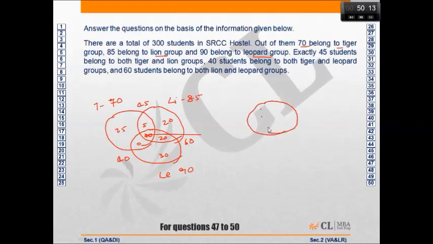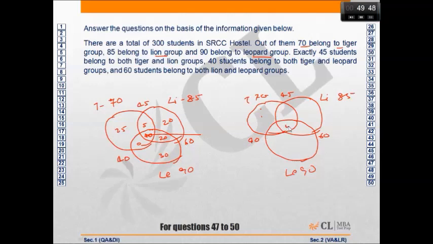Minimum, obviously I will start with 0 and then look at changing it if it does not satisfy something. So this will be 40, 60 and 45. Tiger, lion and leopard 70. Okay, minimum should be 0.